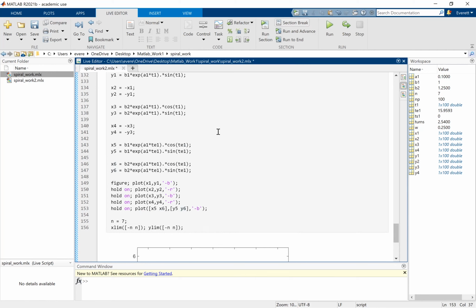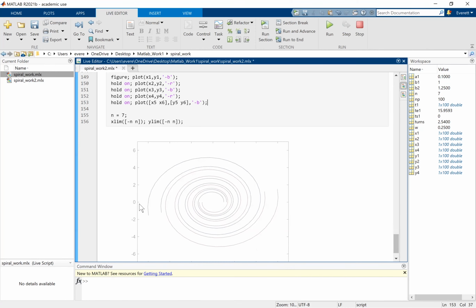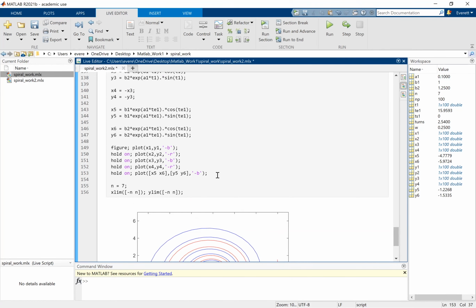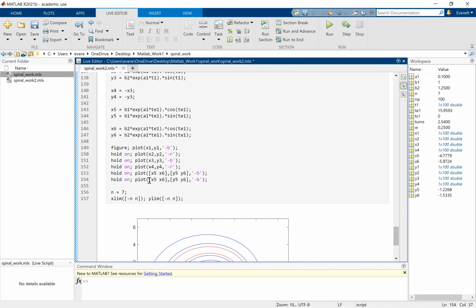So we plot that. Yeah, now we have a really nice outer bound for this spiral. So if we want to do that to the other side, well, let's just make these negative. I'll paste that right there. So we'll make these negative. This will be negative. This will be negative. This will be red now.